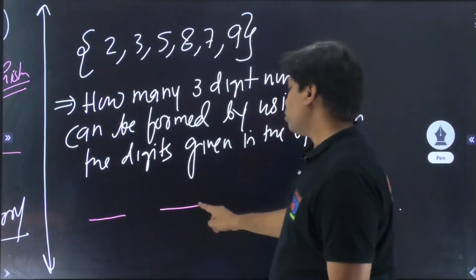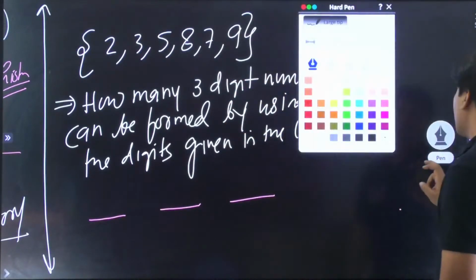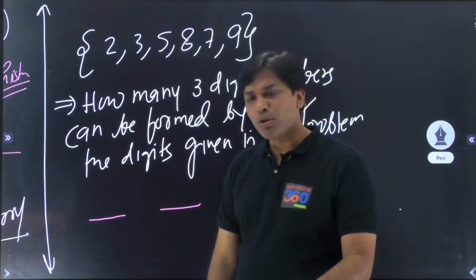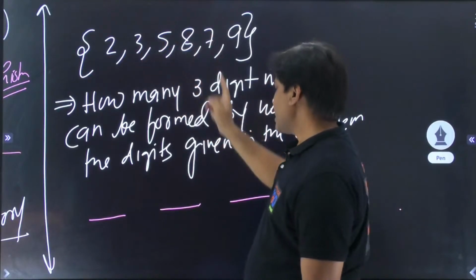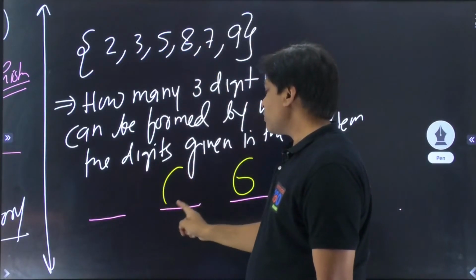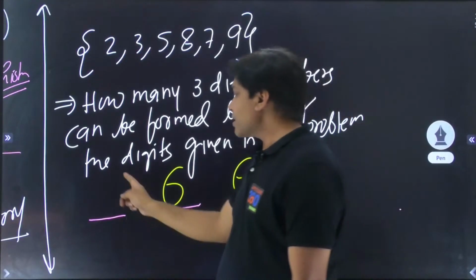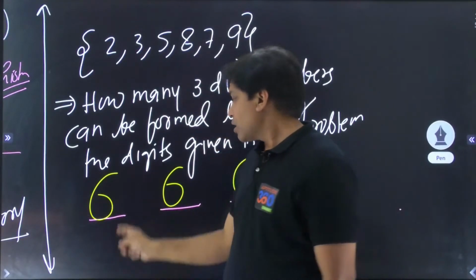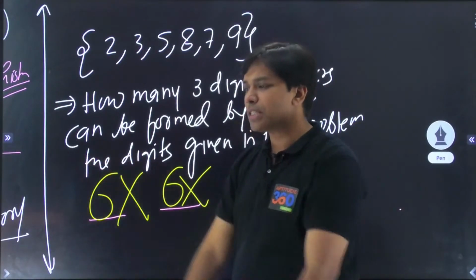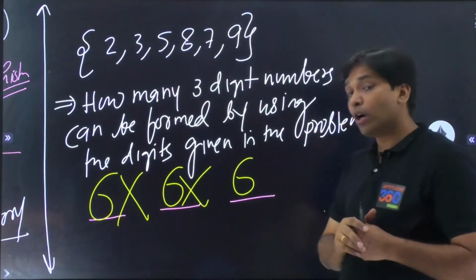One, 2, 3. Because there is no 0 out here, isn't it? So 1, 2, 3. This can be done in how many ways? 6 ways. This can also be accommodated in 6 ways, and this can also be accommodated in 6 ways. So how many 3-digit numbers can be formed? 6 into 6 into 6, which is 216.